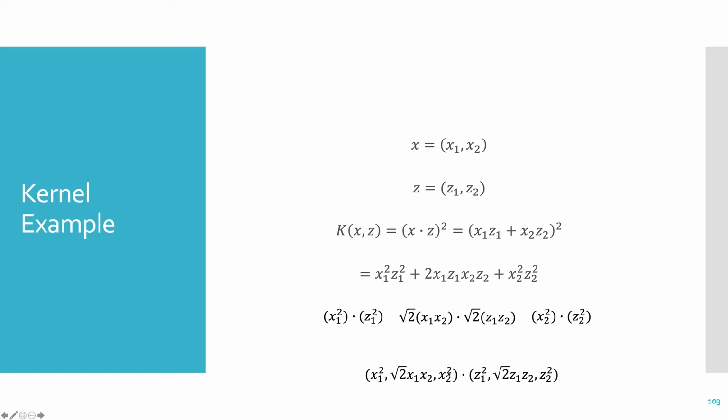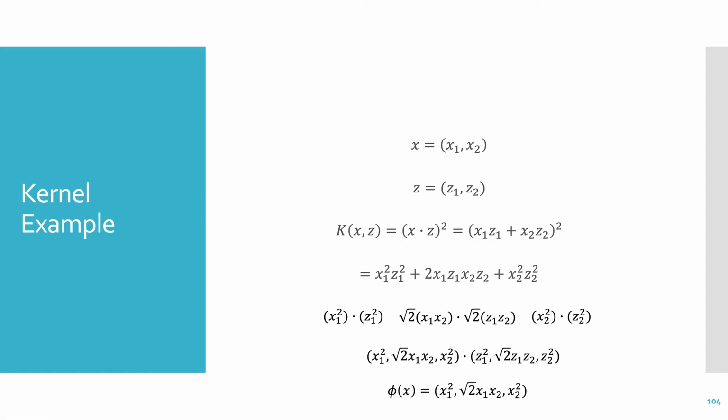And that's my phi. So phi of x is this, right? And we need to make sure when we're doing this that the x side and the z side match exactly, because you're applying the same function phi to x and to z. So if they don't match exactly, then that's not right.